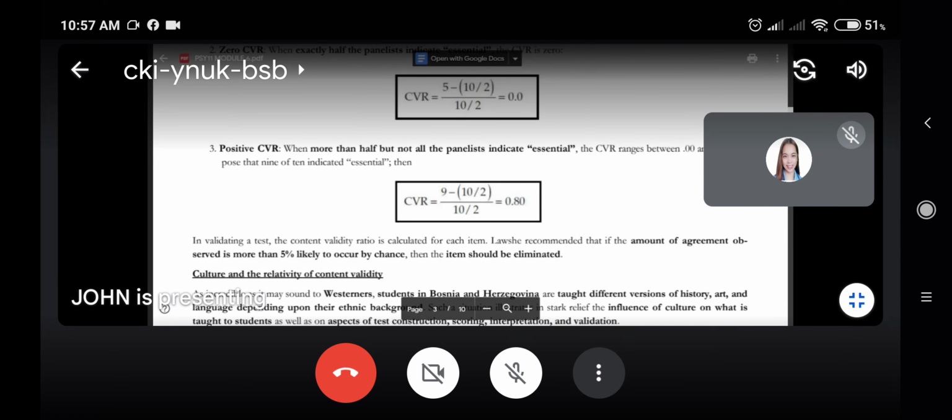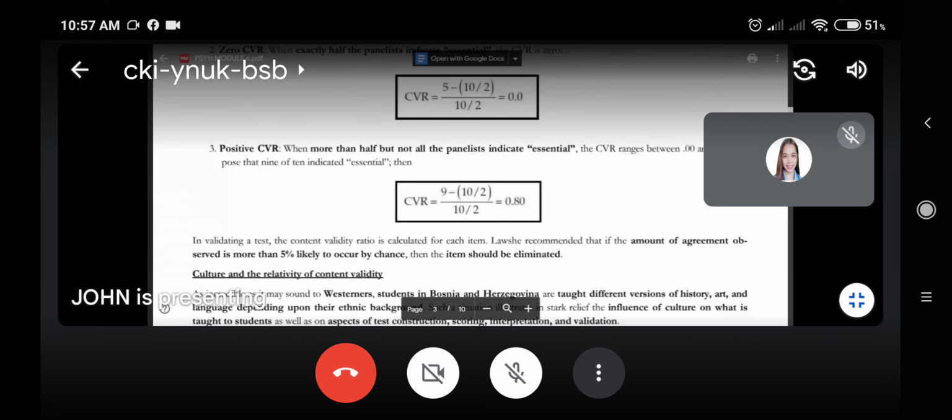So, in validating a test, the content validity ratio is calculated for each item, as I mentioned a while ago. Lawshe recommended that if the amount of agreement observed is more than 5% likely to occur by chance, then the item should be eliminated.